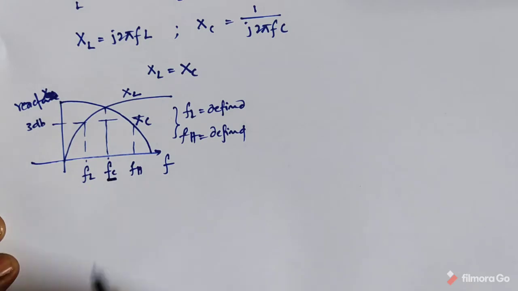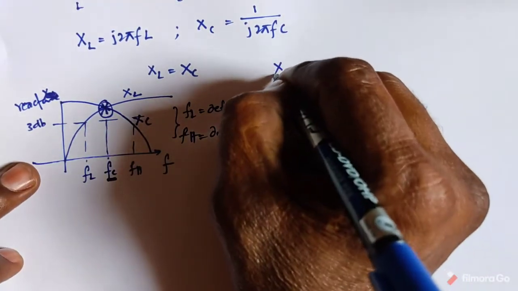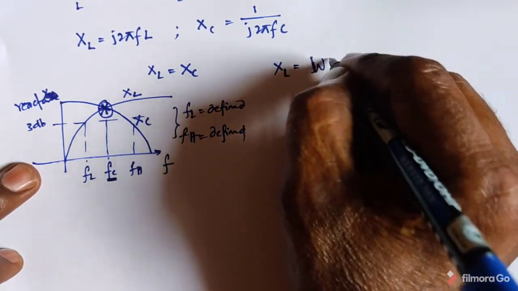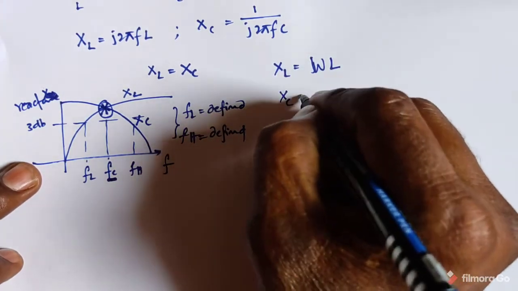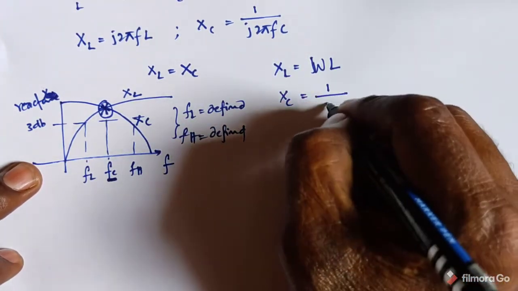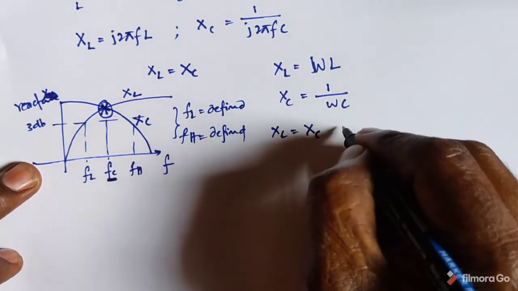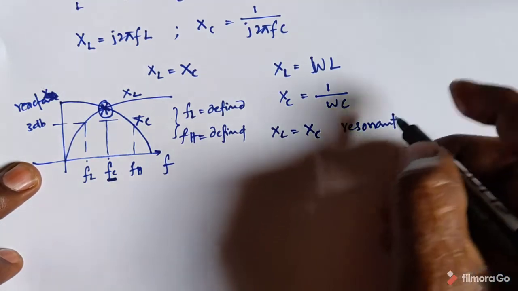How can you calculate this cutoff frequency? Both reactances are the same. So XL is equal to omega L in terms of imaginary, and XC is equal to 1 by omega C. Where XL is equal to XC, that is the resonance condition. What is meant by resonant value?